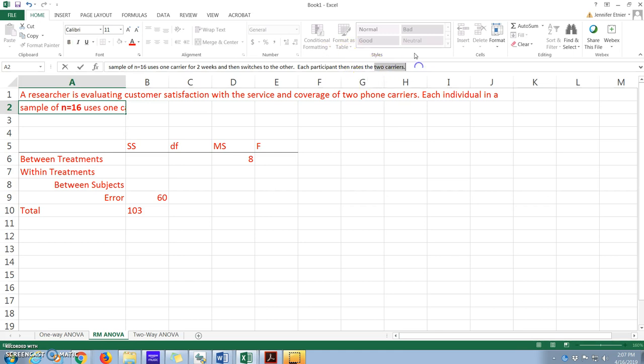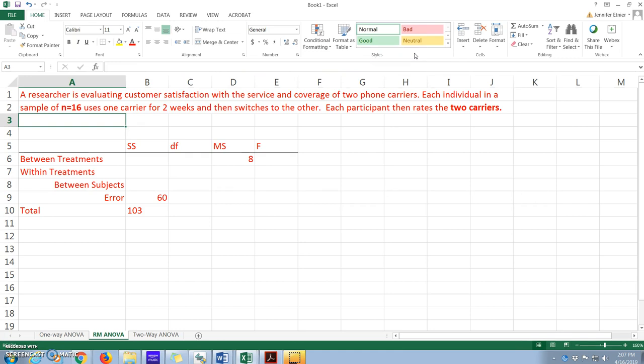Each participant then rates the 2 carriers. There are lots of places you can get the information that there are 2 carriers, but that's a key piece of information. So you know that n equals 16, and you also know that there are 2 levels of the treatment, because it tells you that there are 2 carriers.